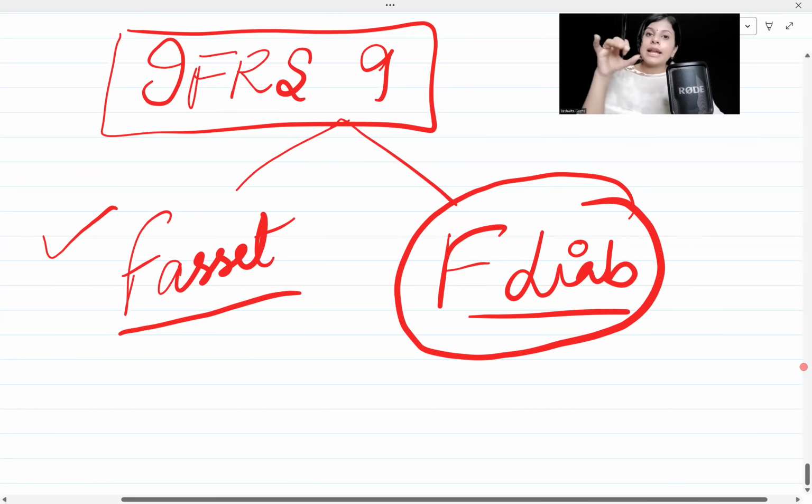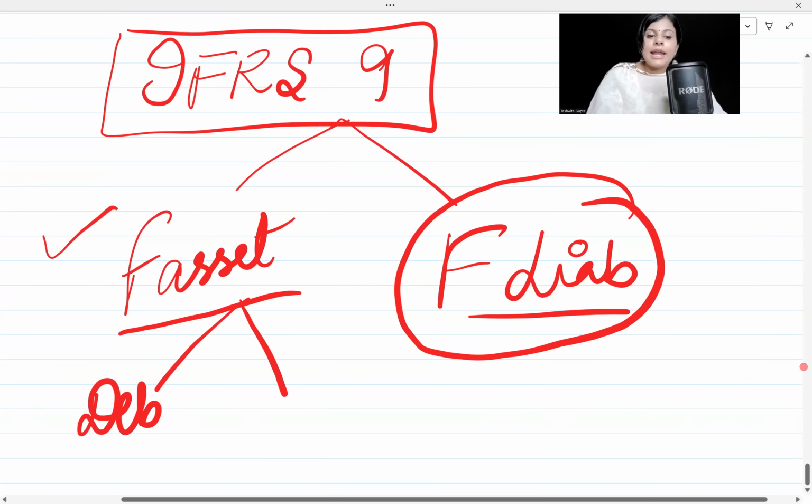So a financial instrument is any transaction which gives rise to a financial asset in the books of one company and simultaneously a financial liability or equity in the books of the other company. That's what a financial instrument is. Now they say there are two types of financial assets. One is debt instrument. Another is equity instrument.